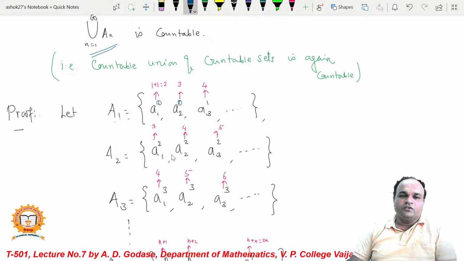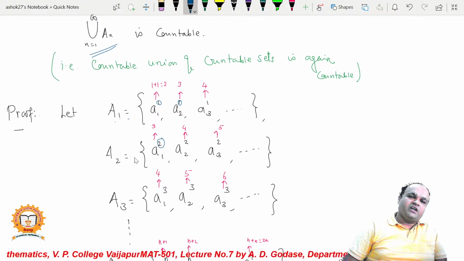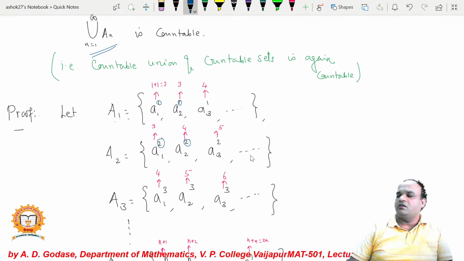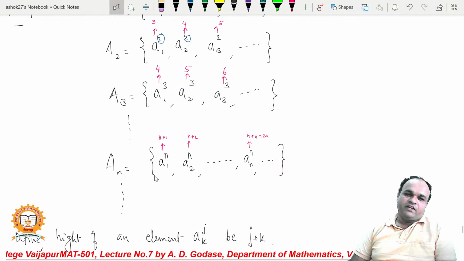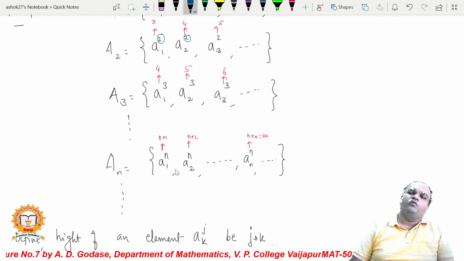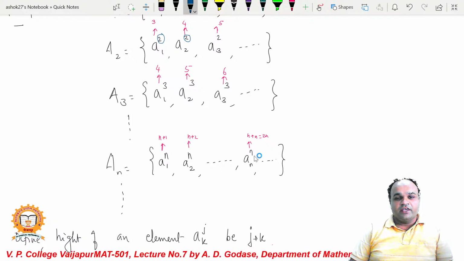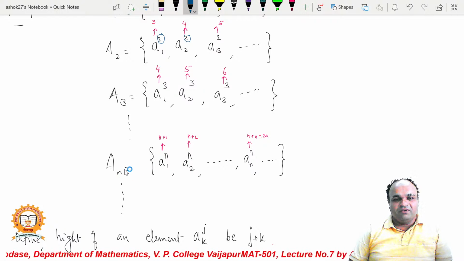Similarly, what are the elements of A2? I'm taking a super suffix 2 for elements of A2, and this 1, 2, 3 are the order of elements. So in a similar way we write An: a_1^n, a_2^n, and it goes to a_n^n, which is the nth element of An. a_2^n is the second element of An.